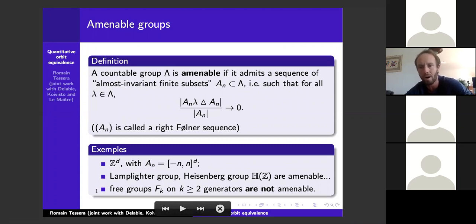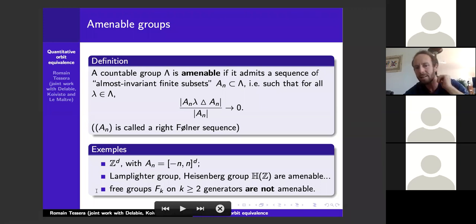In operator algebra, it appears in many, many fields, and I'm sure most of you have heard about this notion, maybe in different contexts. So basically, the idea of amenability for groups, let's say, is that it's a way to say that a group is almost finite or approximately finite in a way.